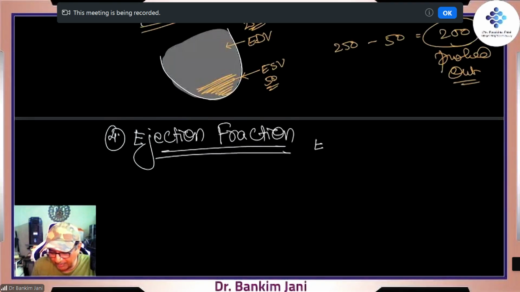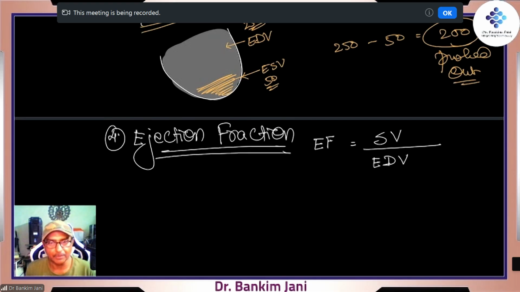The abbreviation is simple, EF, no big rocket science. Ejection fraction is stroke volume upon end diastolic volume. Very simple. End diastolic volume is the total amount of blood, out of which what is going out is the stroke volume, how much blood was getting pushed.